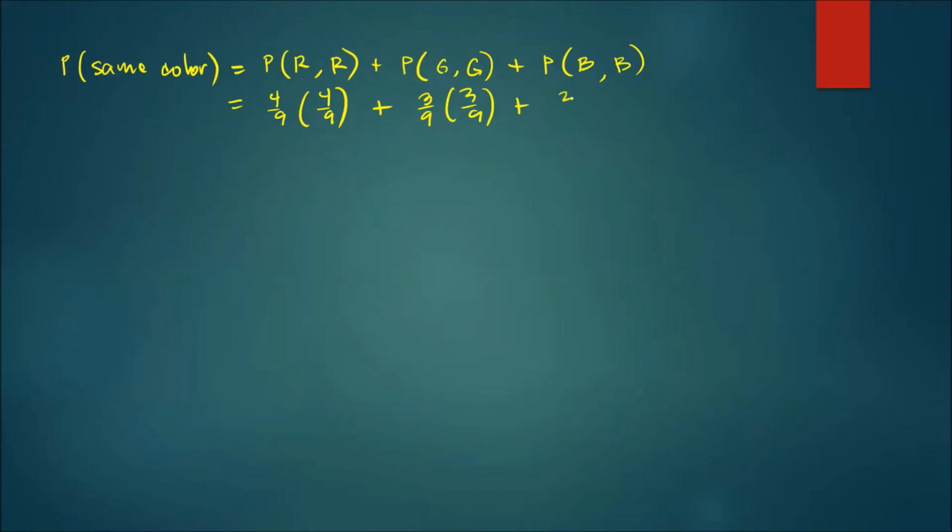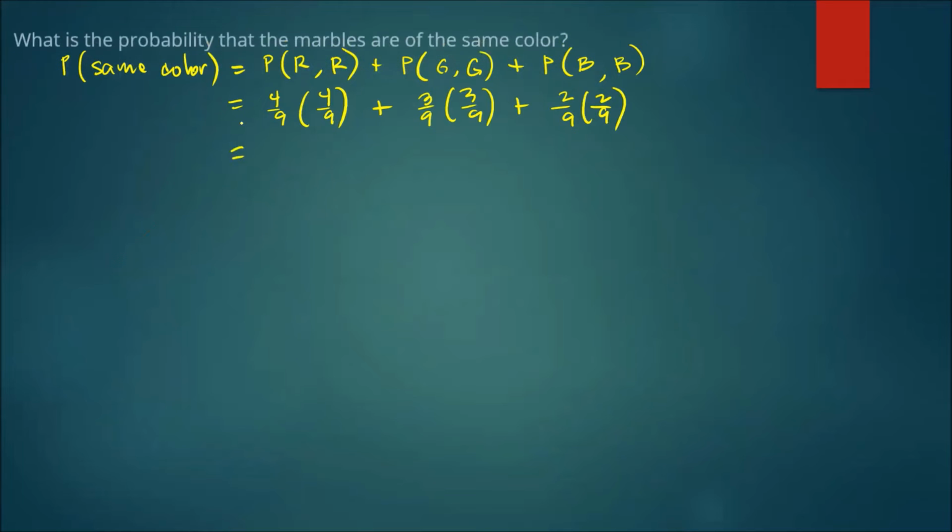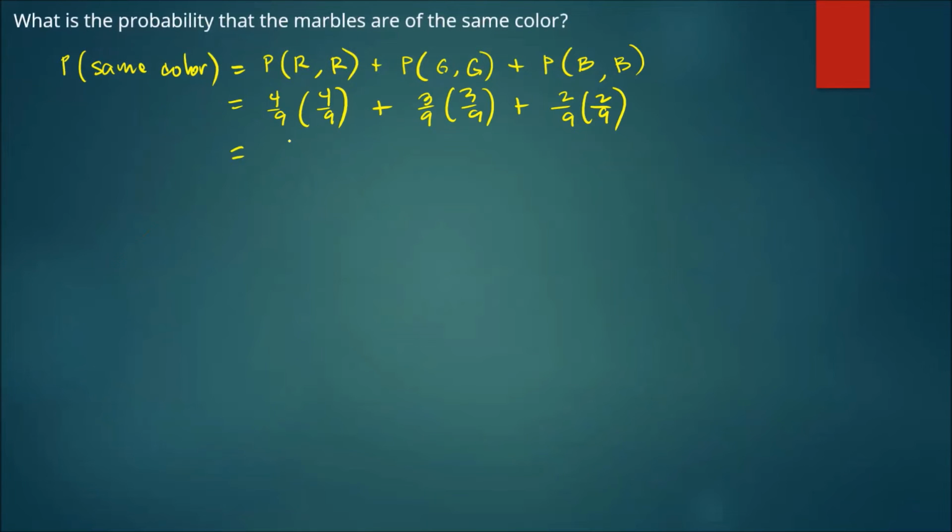So let us multiply them. Therefore, the probability that the marbles are of the same color would be 16 by 81 plus 9 by 81 plus 4 by 81. What is 16 plus 9 plus 4? That would be 29 by 81.